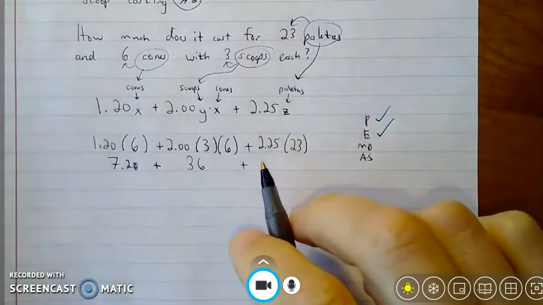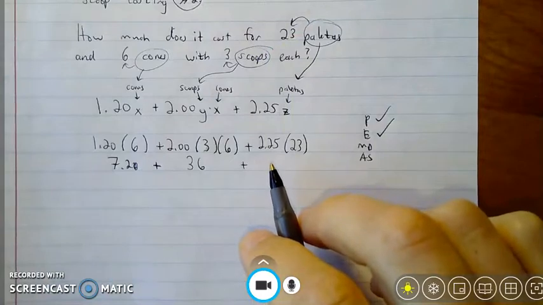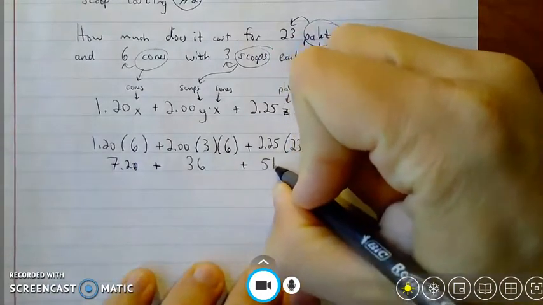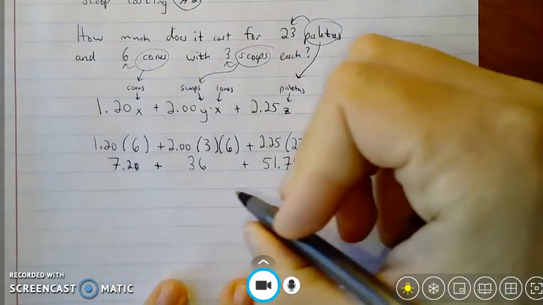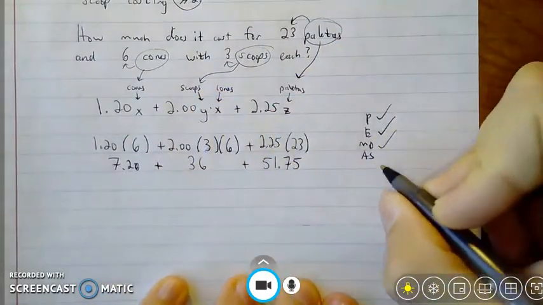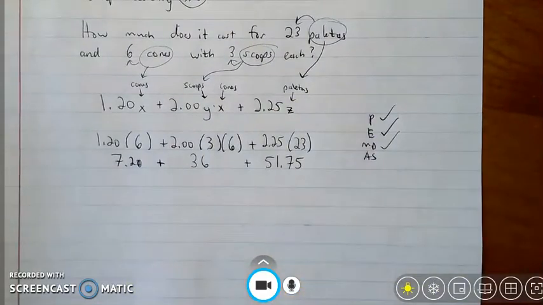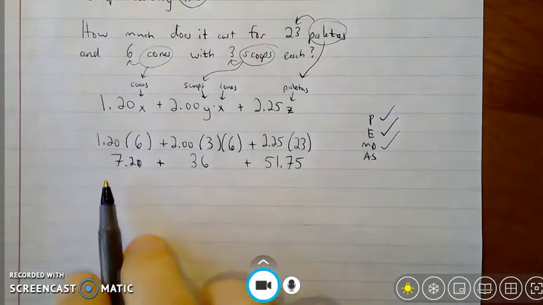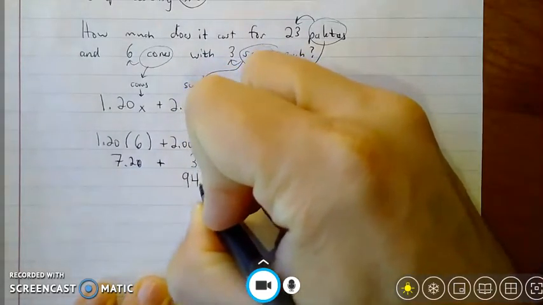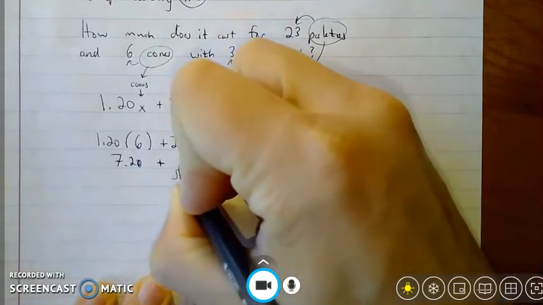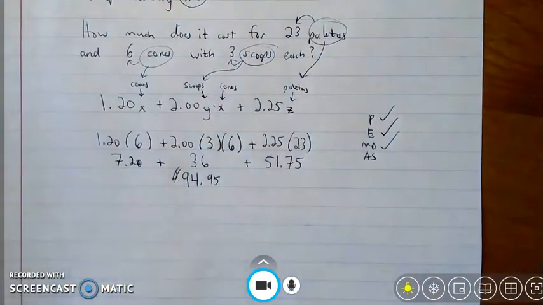And then I need that 2.25 multiplied by 23, and I get 51.75. No more multiplication and division, so let's move on to addition and subtraction. So let me add all these together. 7.2 plus 36 plus 51.75 gives me 94.95. And then the last thing we want to do is make sure we have the context.